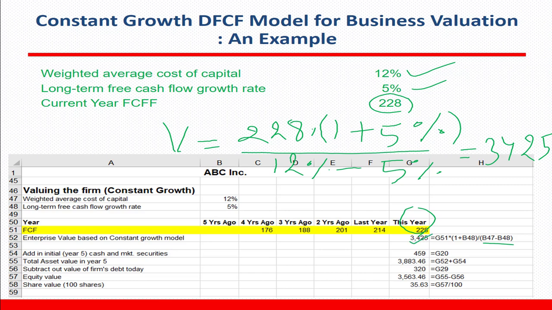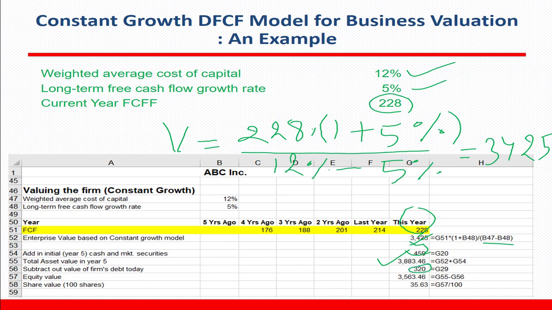Once you compute the enterprise value, you can also calculate the share price. To compute the share price, what you do is, this is our cash and marketable securities. If you add cash and marketable securities back to the enterprise value, that gives us the total assets, which is 3883.46, and we have the debt, 320.